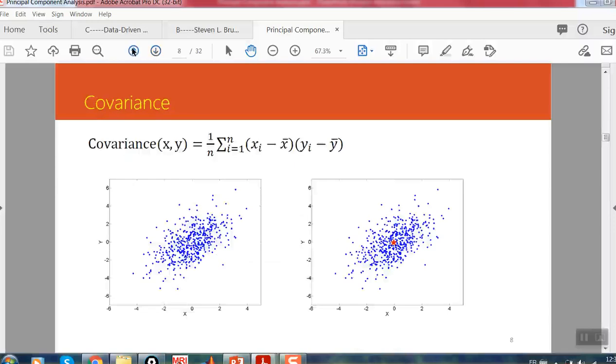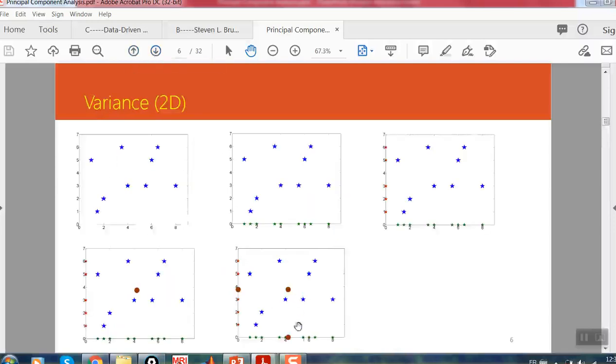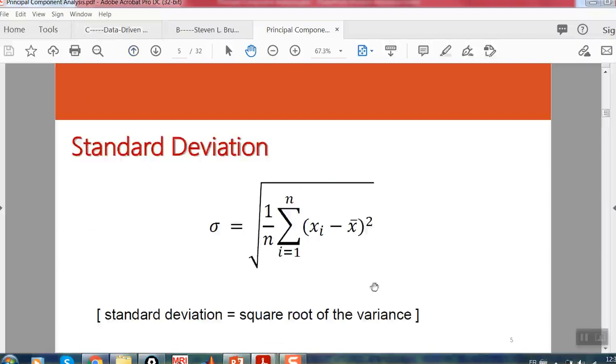Then we can calculate the variance along x and the variance along y direction. How? Exactly according to the previous slides.